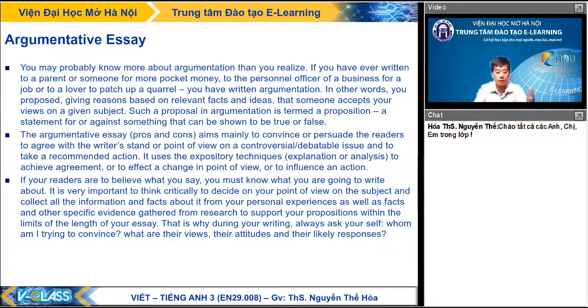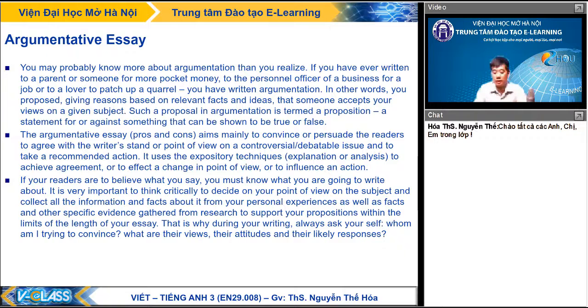In other words, you proposed giving reasons based on relevant facts and ideas. Does someone accept your views on a given subject? Such a proposal in argumentation is termed a proposition. That is a statement for or against something that can be shown to be true or false.